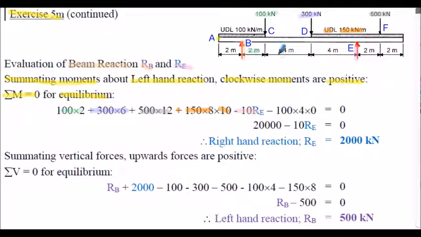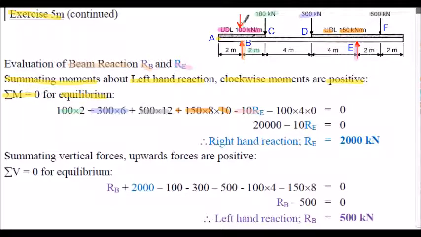And I've also considered the UDL of 100 kilonewtons per meter, but it's actually quite pointless here because if you consider the central location of that loading, it will actually be directly above the reaction point because the UDL spans 4 meters, so halfway along that span would be 2, and that's exactly the location from the left-hand end of where reaction RB is.